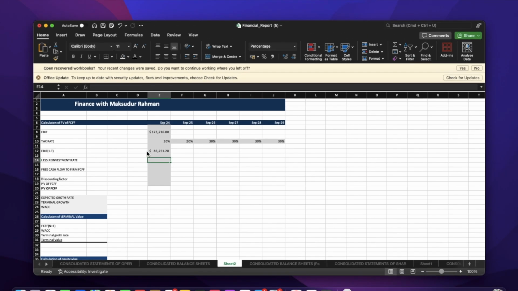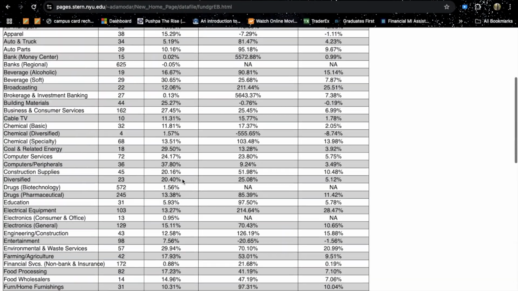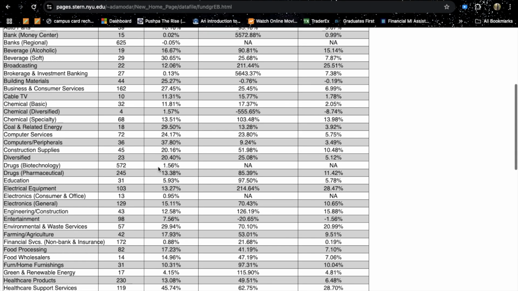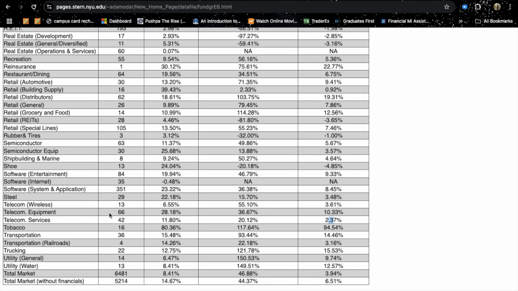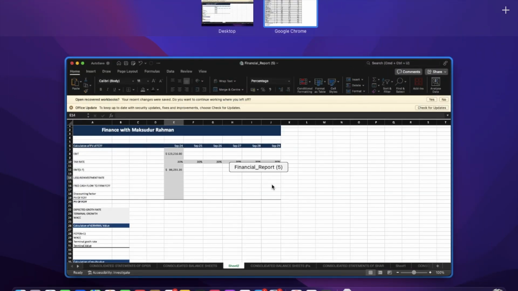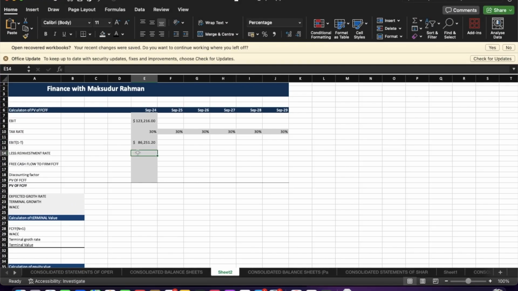And then we're going to take the growth rate and reinvestment rate. Here you can see the reinvestment rate for the telecom service is 20.12%. You can get your reinvestment rate by doing your own analysis, but I thought to get the reinvestment rate from the industry because it would be much easier and much more practical.